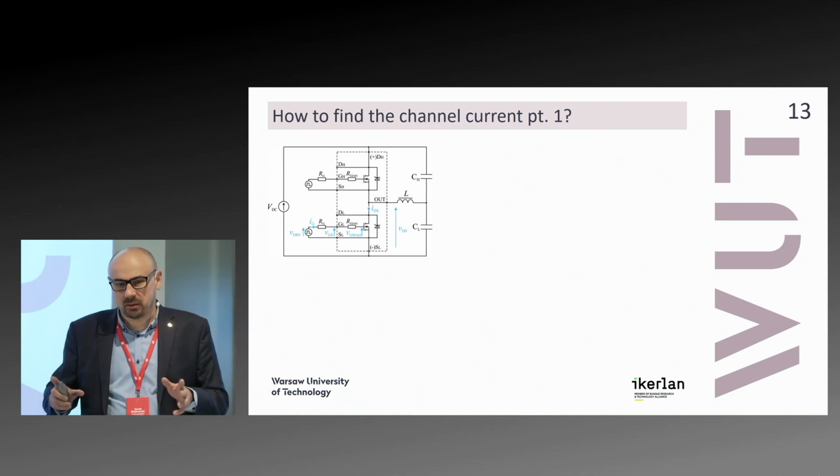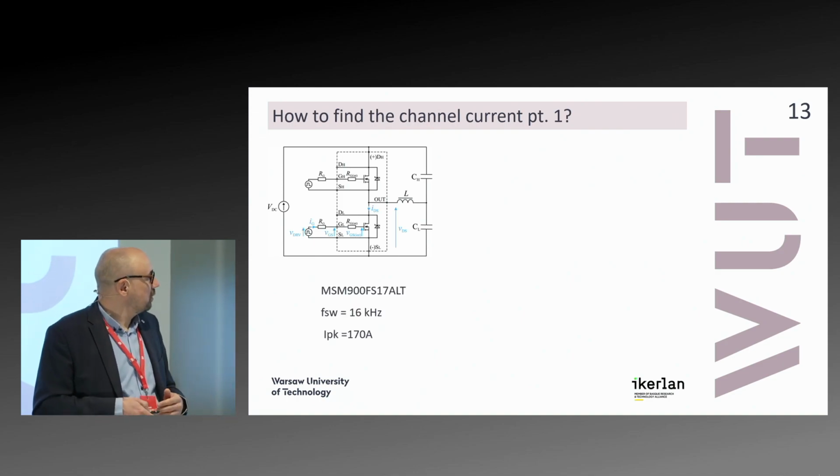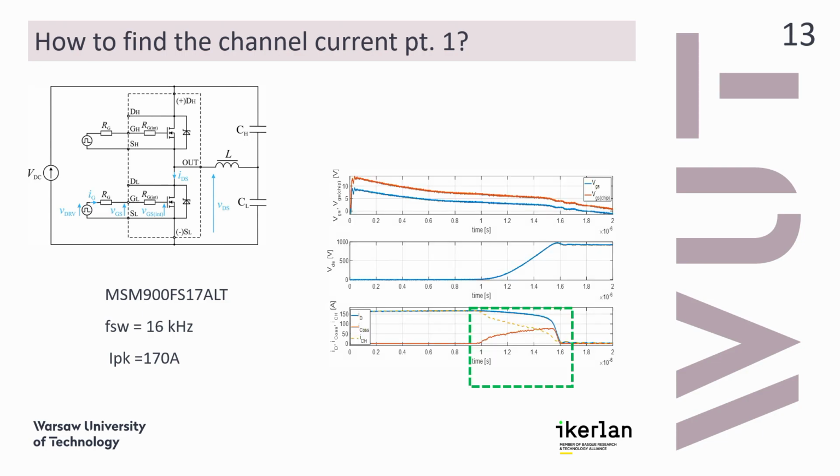We gathered all those characteristics, and we ran the module in the half bridge with inductive load. It emulates this soft switch system. So we have a basically similar waveform, and we applied those characteristics to identify the channel current.